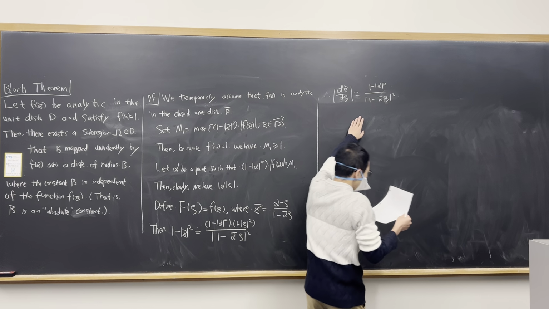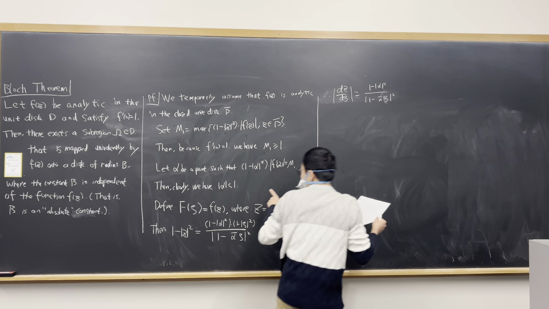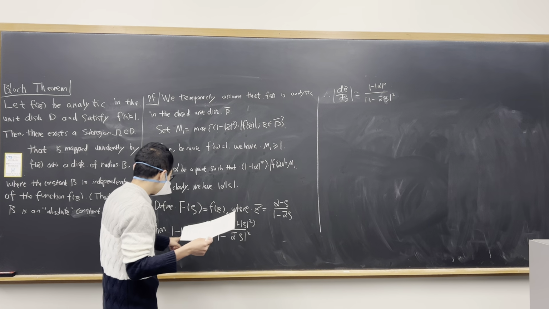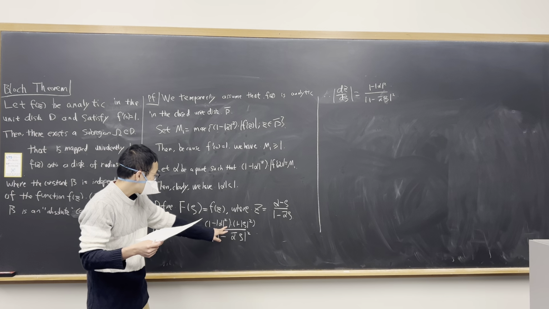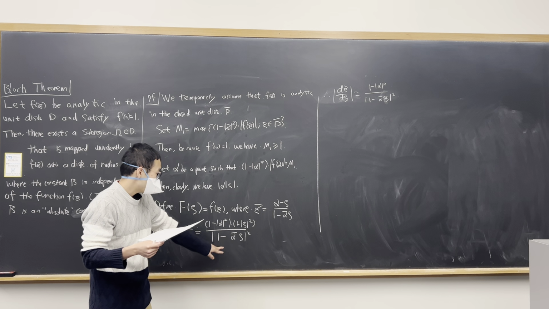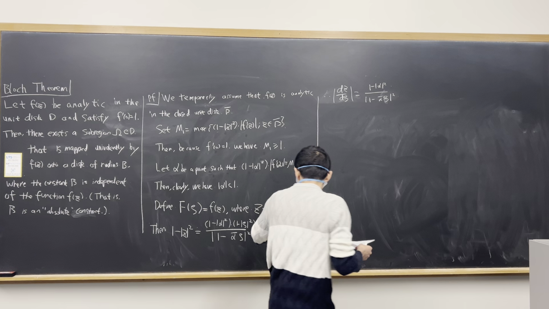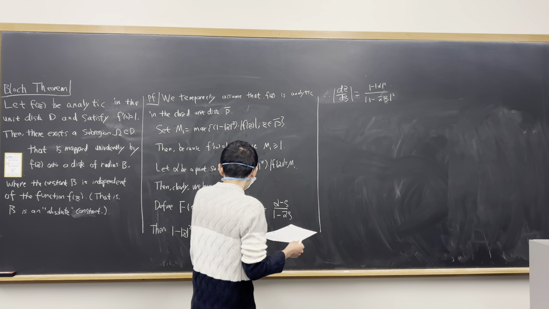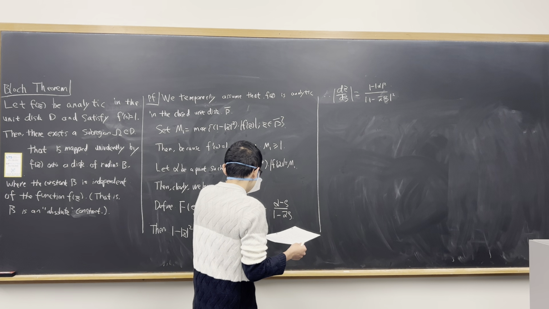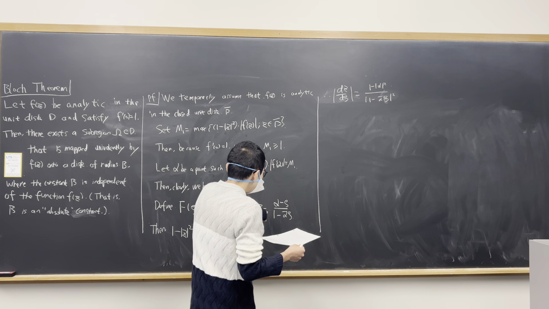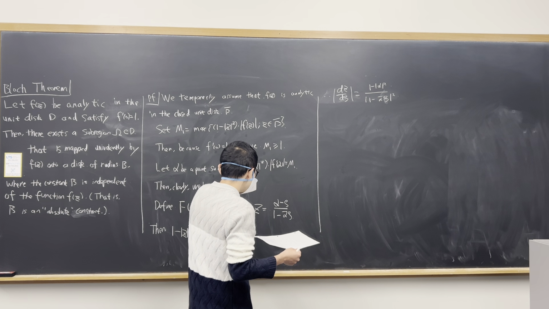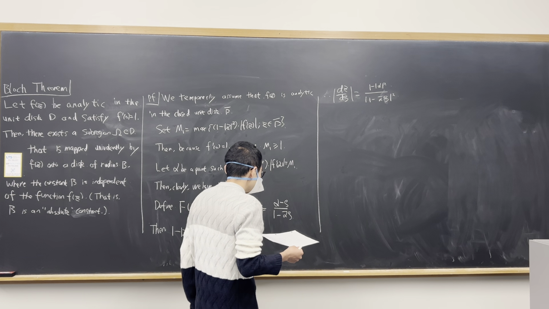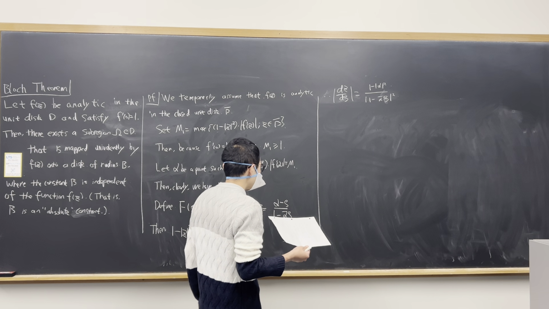You see that this quantity is actually this whole thing divided by this 1 minus zeta squared, right? Zeta cannot be equal to 1, I want to say. So basically this is like a Mobius transformation, and this zeta can only take values from 0 to 1.